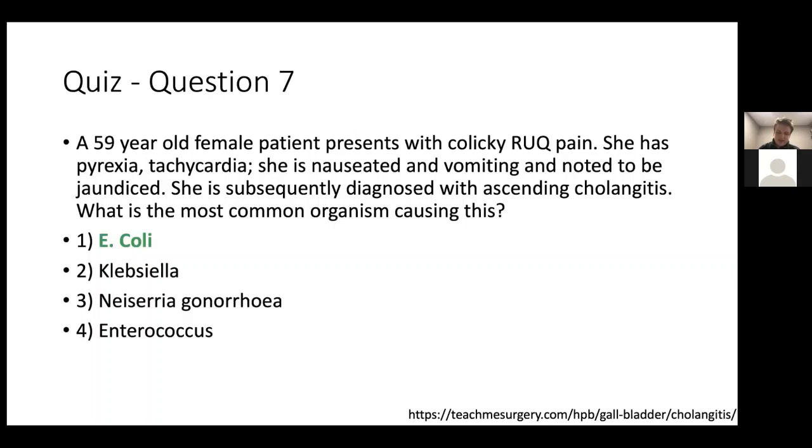Okay, so the answer is E. coli. Klebsiella and Enterococcus are also causes of ascending cholangitis, but E. coli out of that list is the most common.